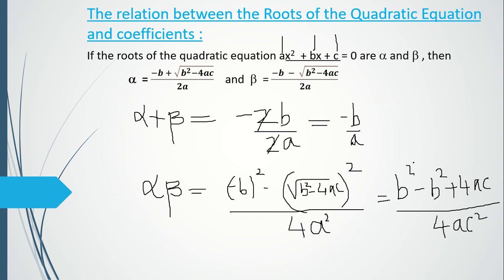Okay, now this plus b square minus b square gets cut. What you are left with is 4ac upon 4a square. Sorry, wait, that is 4a square, not ac square.